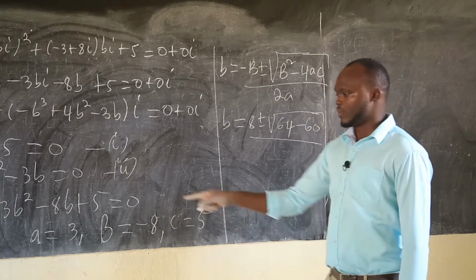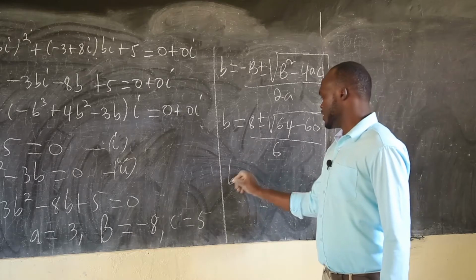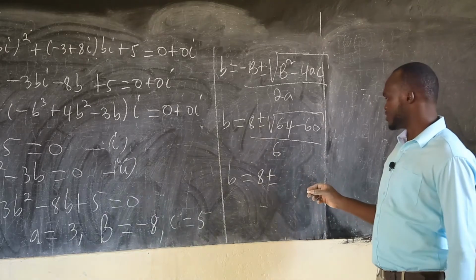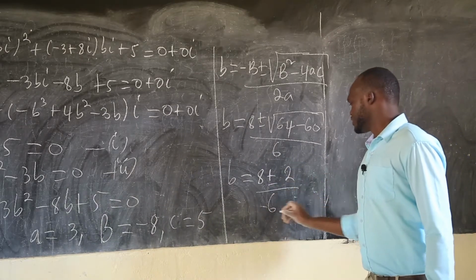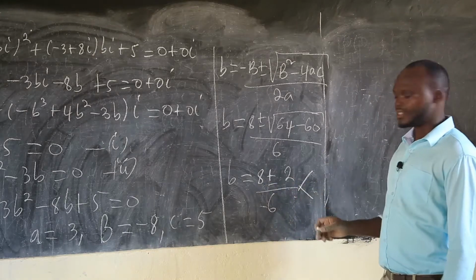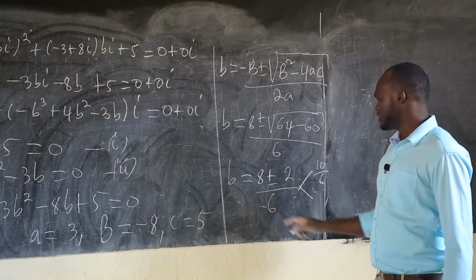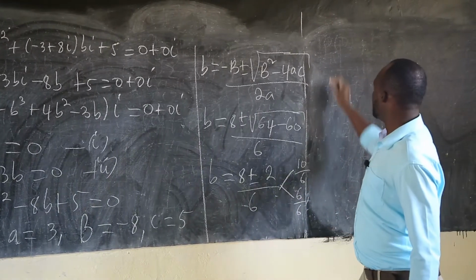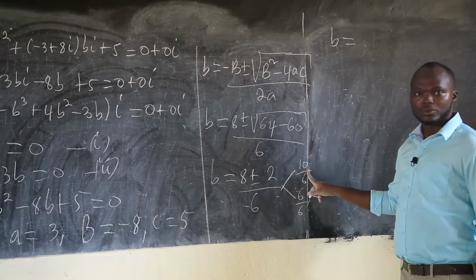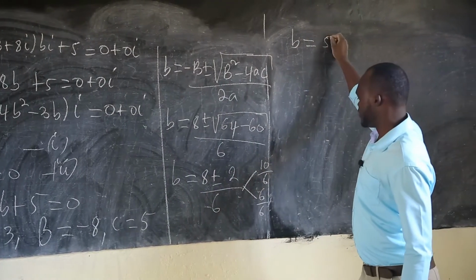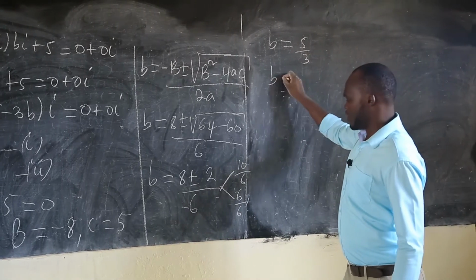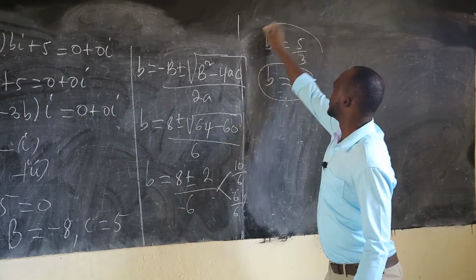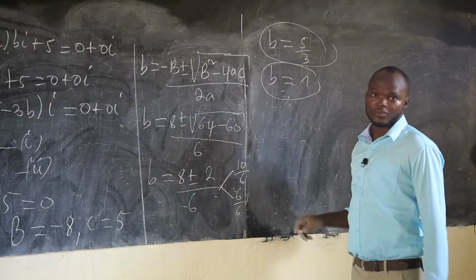Divided by 2a, 2 times 3, that is 6. So b equal to 8 plus or minus the square root of 64 minus 60, that is 4, root 4 is 2, divided by 6. So it will be 8 plus 2, that is 10, 10 divided by 6, or 8 minus 2, that is 6, 6 divided by 6. So b equal to 5 over 3, or 6 over 6, that is 1. So we have b equal to 1 and b equal to 5 over 3.